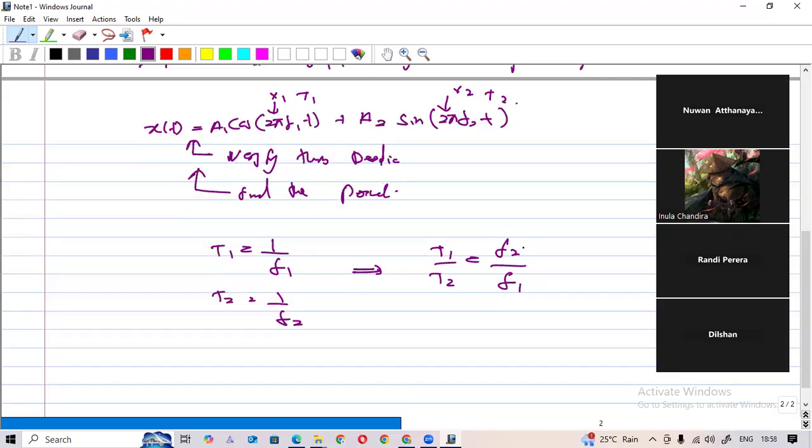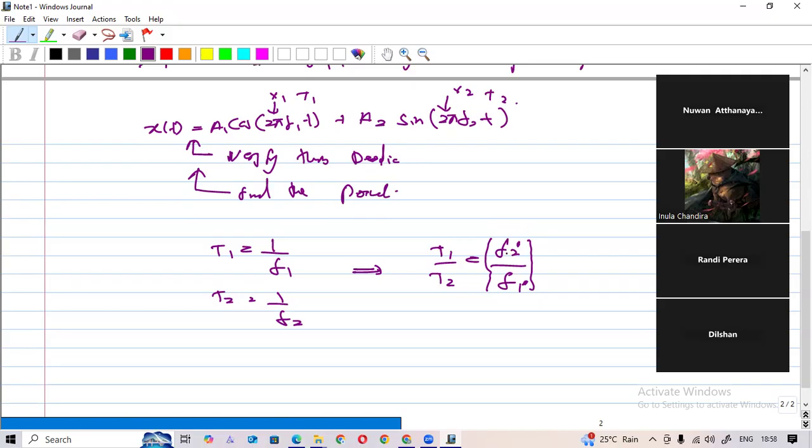Then you need to simplify this as much as possible, as a ratio of integers. There should be an integer here and an integer here. You are not getting a decimal value.